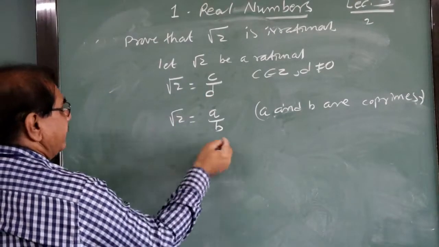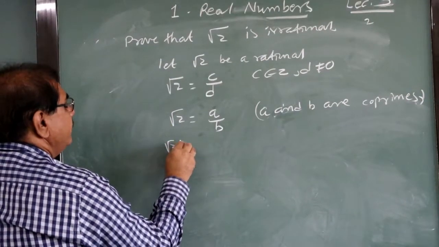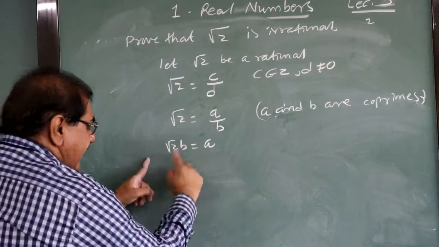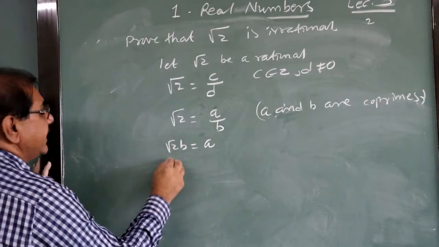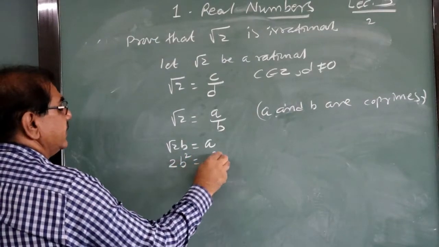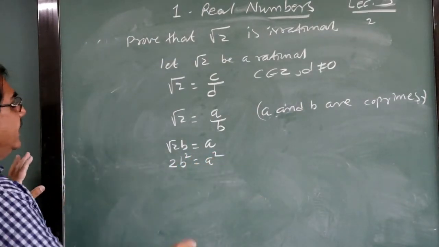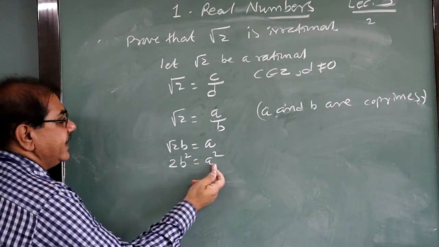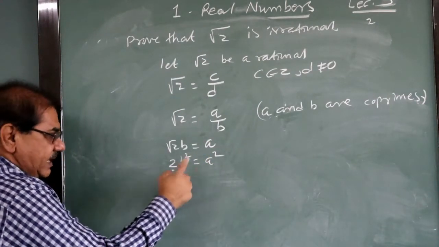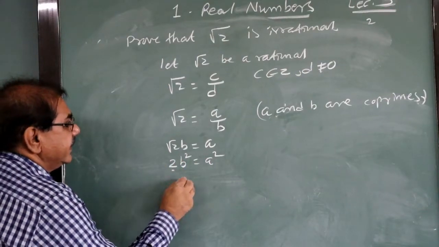So I change the sign of B. So it is root 2 B is equal to A. Okay. I take the squares on both the sides. So root 2 square is 2. 2 B square is equal to A square. Okay. What does it mean? That A square is a multiple of 2. Means A square is a multiple of 2 means this A.